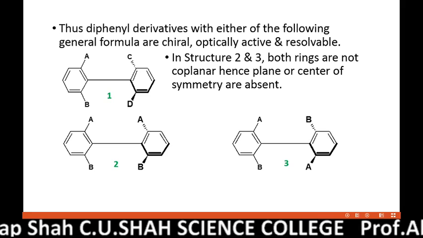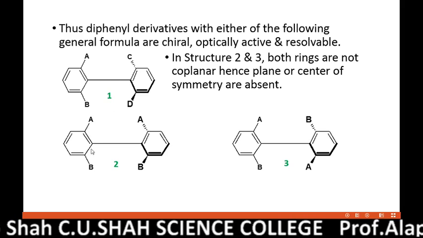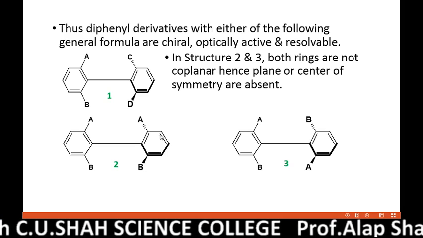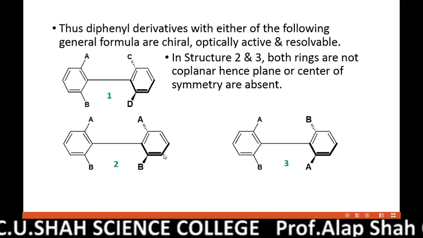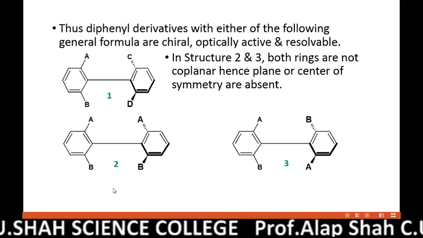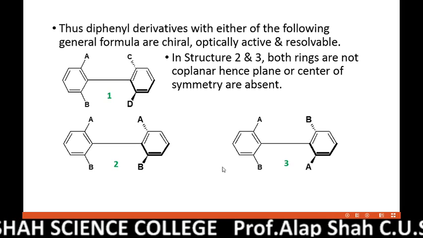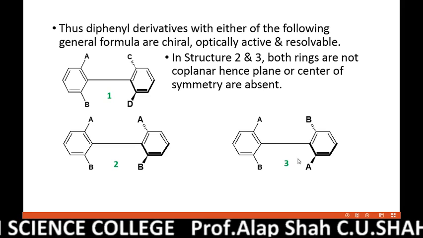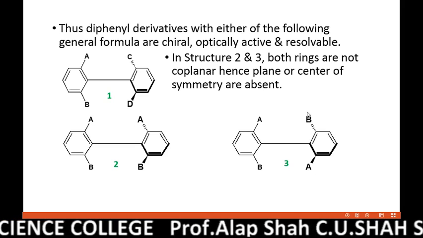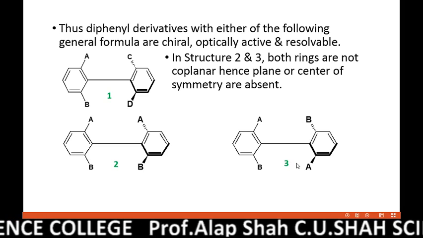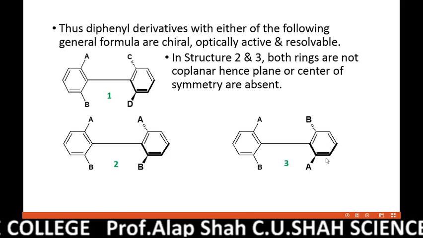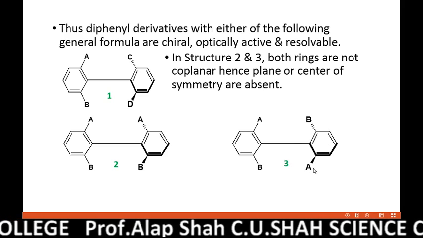Otherwise, in this ABAB type of diphenyls, we have already discussed that this ring is perpendicular, so there is no question of a sigma v plane, as shown here. Alternatively, the A groups and B groups may be relatively trans, but since one of the rings is perpendicular, there is no question of a center of symmetry.